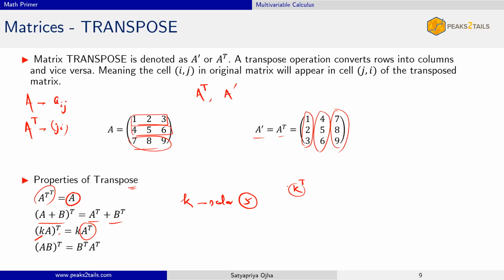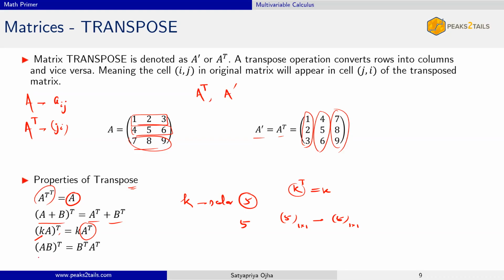But what will be your answer? It's K, right? What is the transpose of 5? It's 5. There is no row, no column, it's just one single entry. You can think of this as a 1 by 1 matrix. If you do transpose, it remains the same.